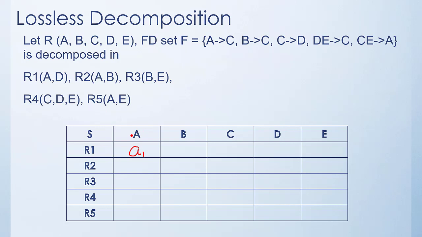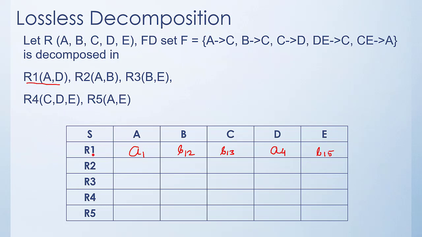That 1 represents the index of the attribute. Similarly, C is not present in this relation, so we put B13, where 1 is the row number and 3 is the column number. D is not present, so we put B14, and as E is not present in relation 1, we put B15.